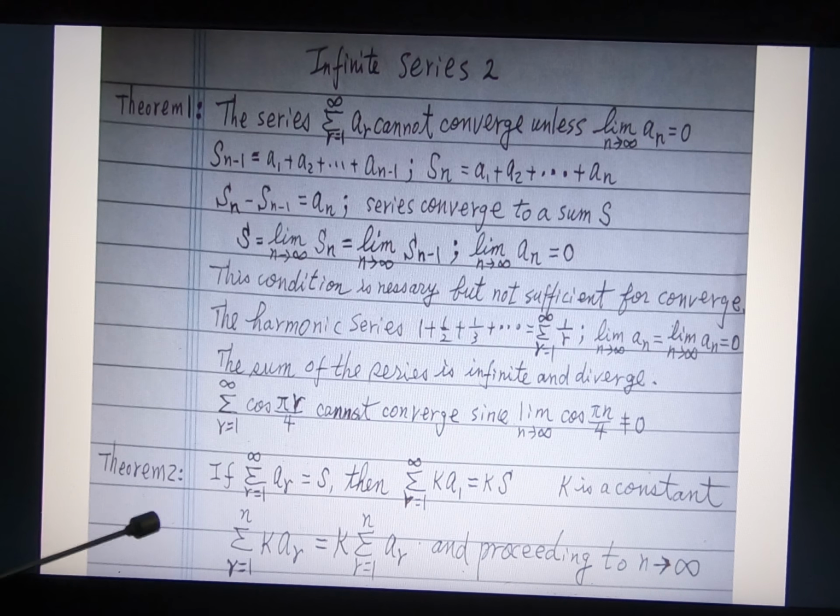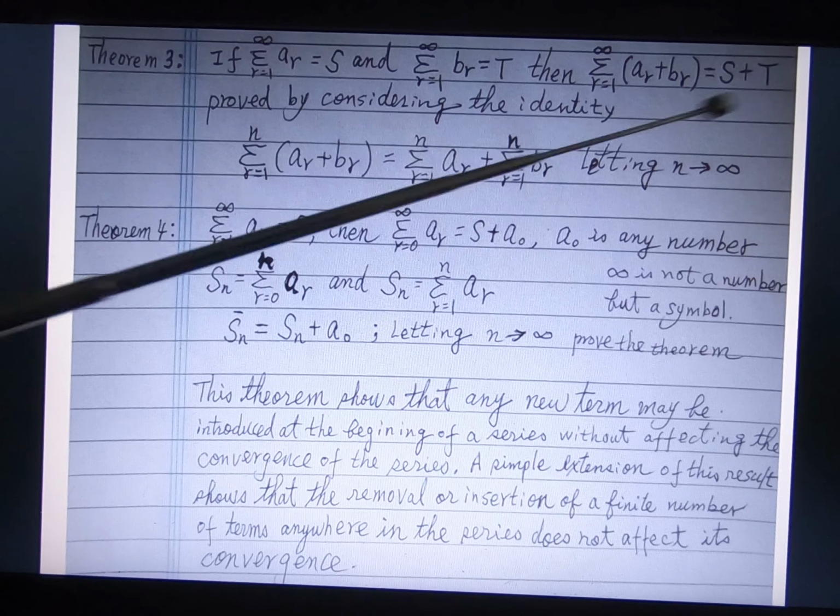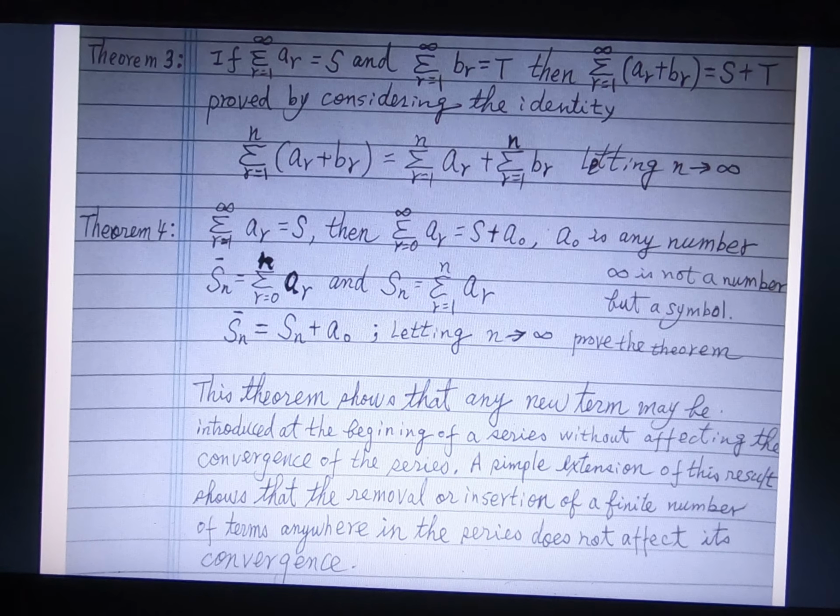Theorem number 2: if it converges to S and you multiply by a constant, it will just be the constant multiplied by the limit. Theorem number 3: if 2 sequences converge, when they add together, you can add the limits together. Theorem number 4: if the infinity series converges and you add a constant, you just add the constant.